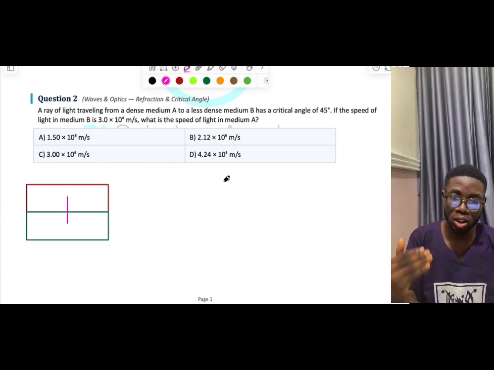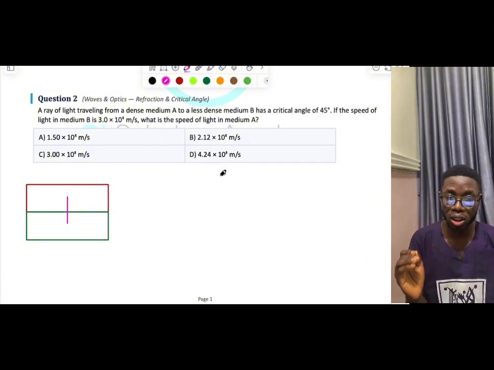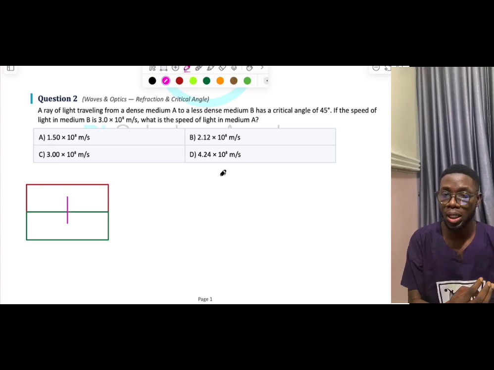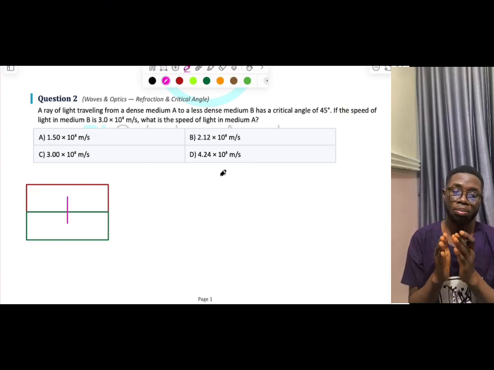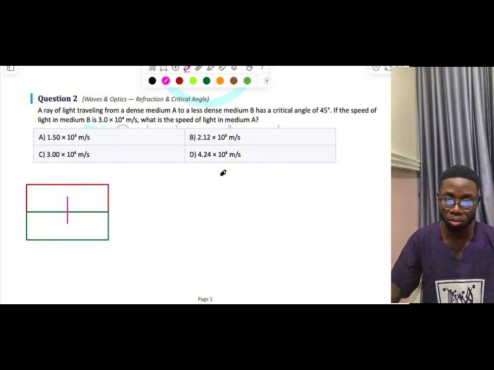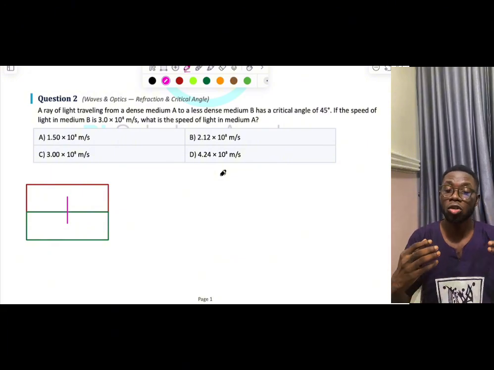This bending of light is brought about by many things. One of them is the change in speed. In some media, light travels faster, and in other media, light travels slowly. If a medium is of higher density, light is going to travel slower in such a medium, and if a medium is of lesser density, light is going to travel faster in such a medium.